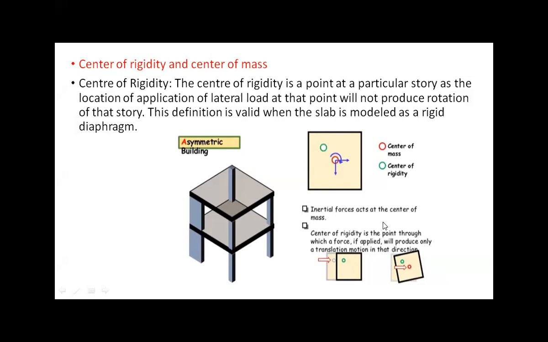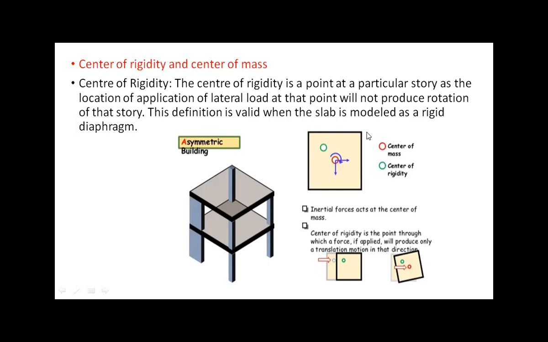About the center of mass and the center of rigidity. So what is the center of rigidity?